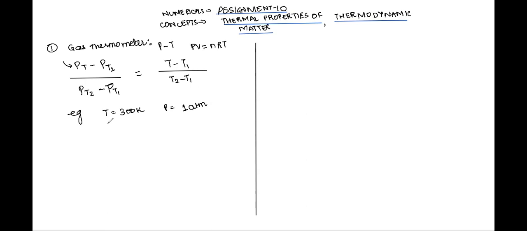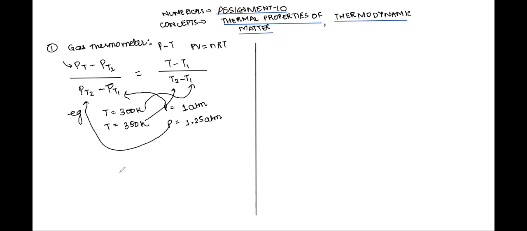Now let's say for a temperature of 350 Kelvin, the pressure is given as 1.25 atm. So now these can be taken as PT1, sorry, these can be taken as PT1, PT2, similarly this can be taken as T1 and T2 respectively. So we have the corresponding pressure and temperature values.